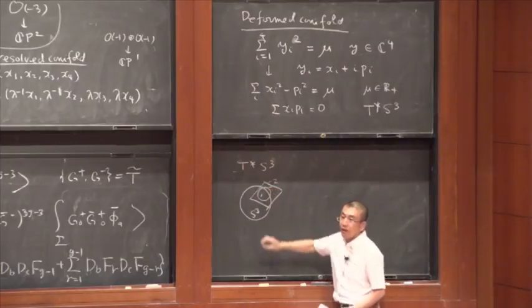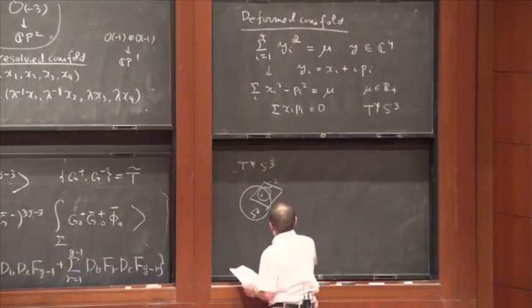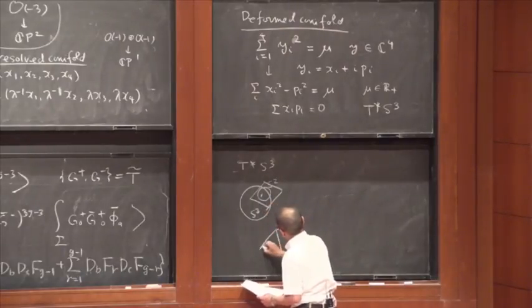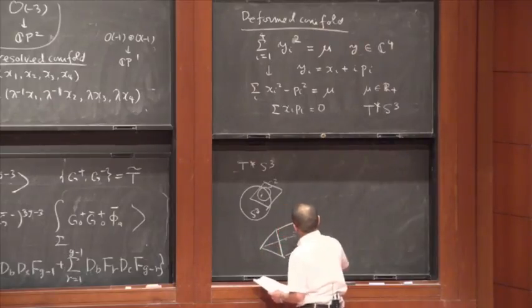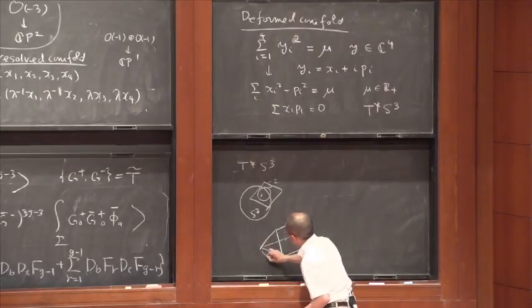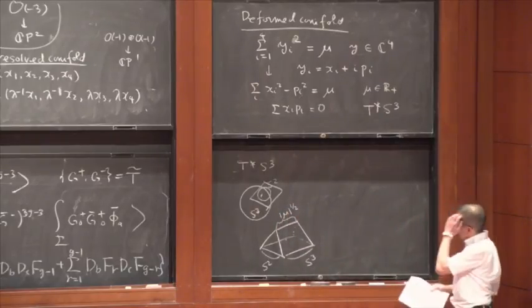S2 can shrink to the base point of this cotangent space. So you can describe this geometry in this kind of model, where this direction corresponds to S3, and this direction corresponds to S2. And S3 has a finite radius given by the square root of mu.